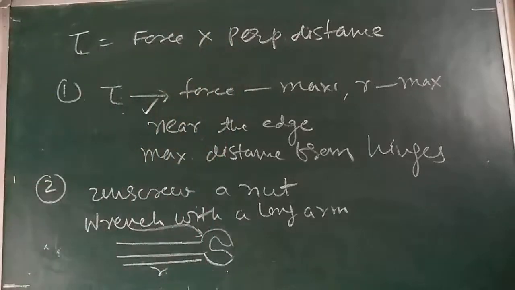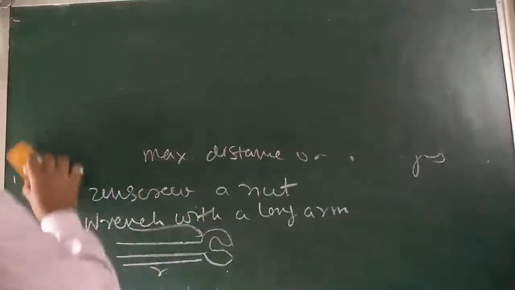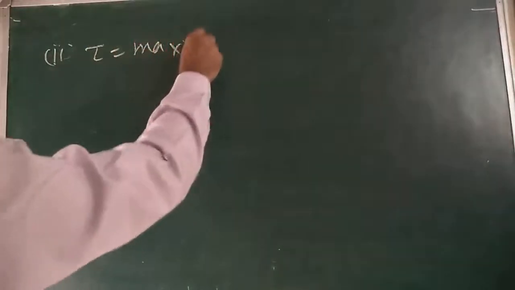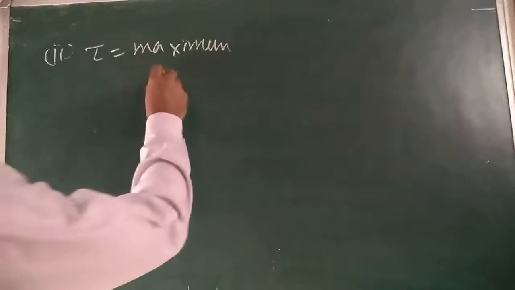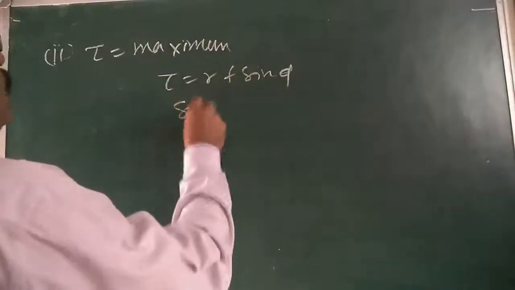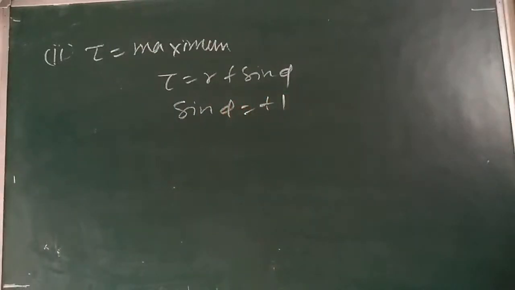Okay, now one more example I can give: torque will be maximum when sin phi, in our formula torque is equal to r F sin phi, sin phi is equal to +1.